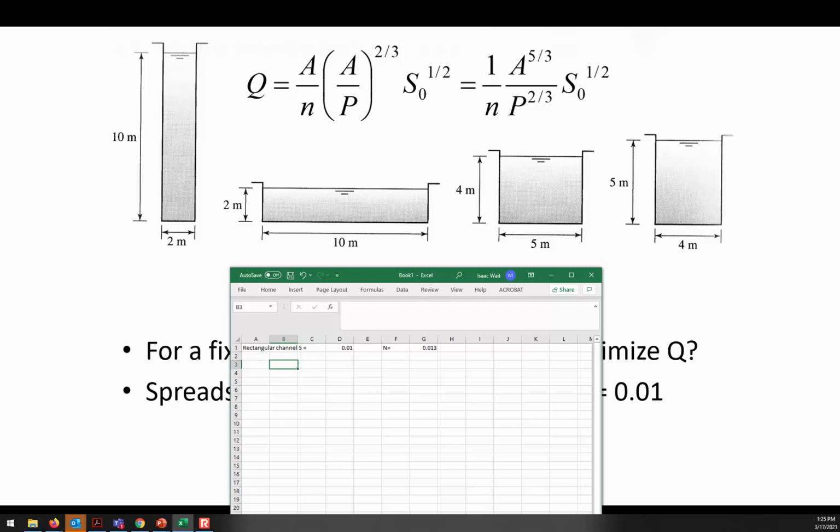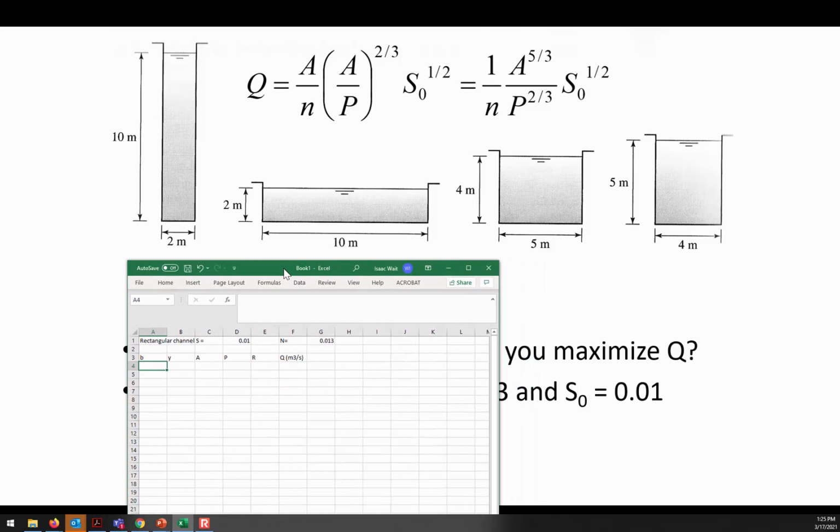And I want to play around with a variety of different bottom widths, different flow depths Y, and then from those I'll calculate the area, wetted perimeter, hydraulic radius, and then therefore the flow rate in cubic meters per second. All right, so does everybody understand what I'm going to be doing here as the setup? I just want to compare and see if that's really the case.